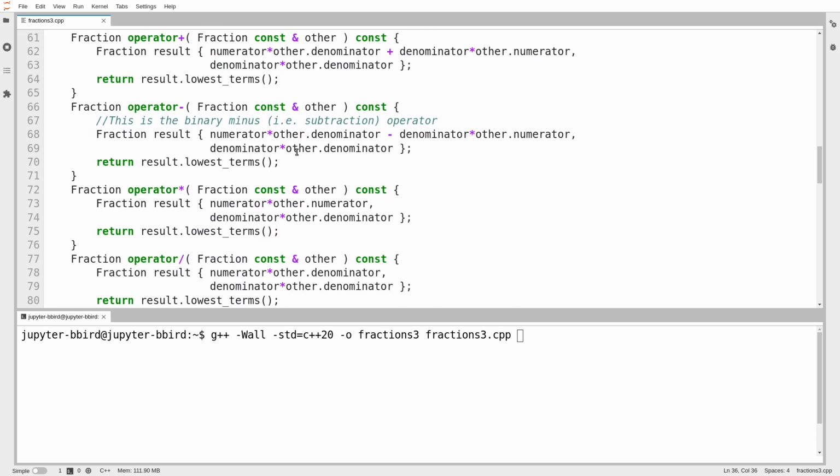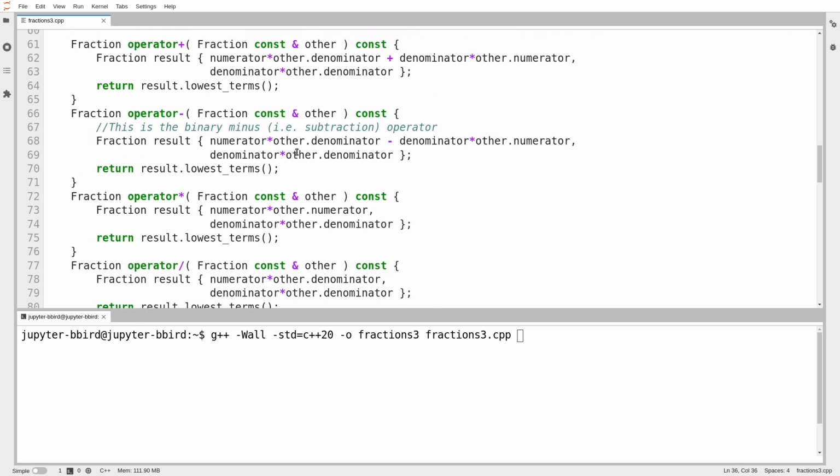Here I have some operators that I've defined inside my class. These are actually part of the fraction class now. The key difference when you define an operator inside the fraction class is that one of the operands to the operator is automatically going to be the current object.